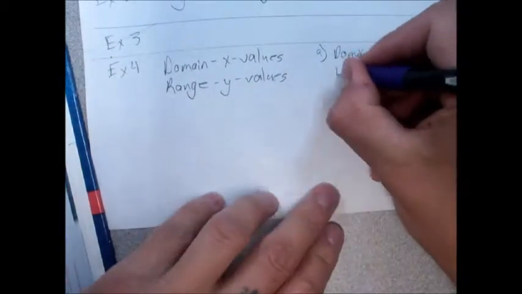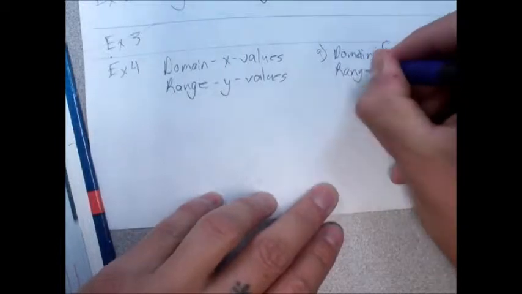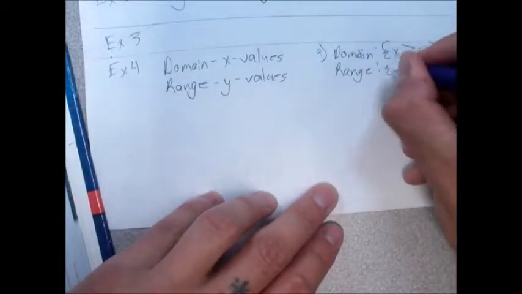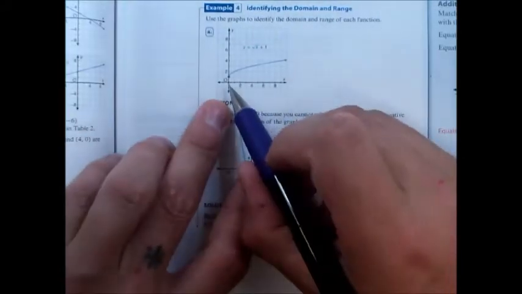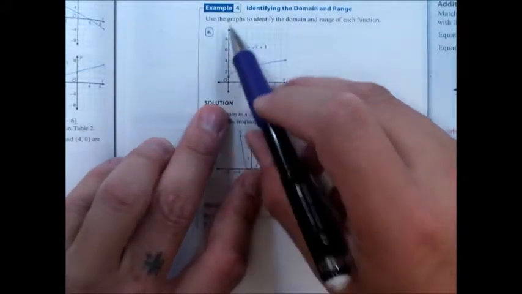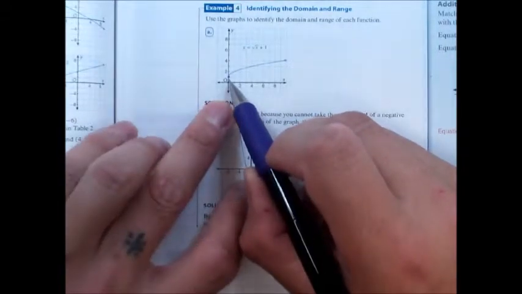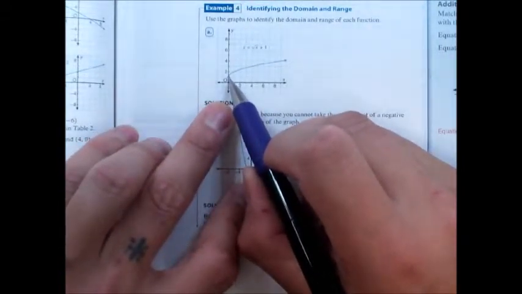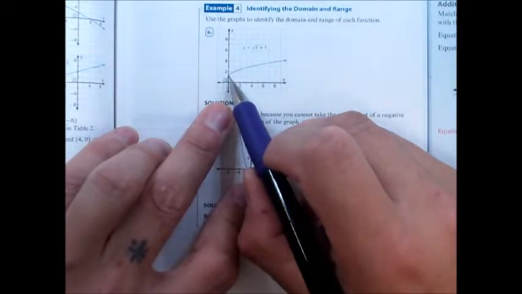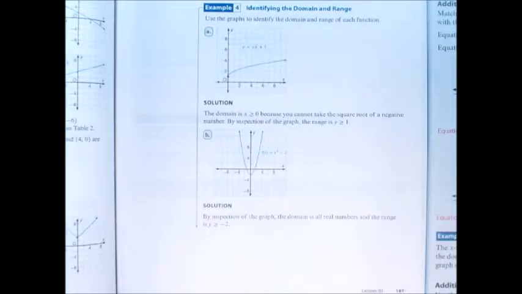My range, however, starts at a different place. My range is my y values. So I'm looking specifically at where my y's start. I'm looking left and right as I travel along my y-axis. I don't see it, I don't see it, boom, I start to see it. It's again at 1, and as I travel up, I'm going to see it for how long?